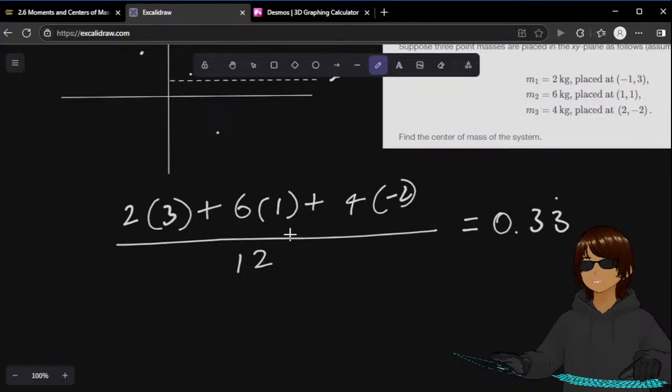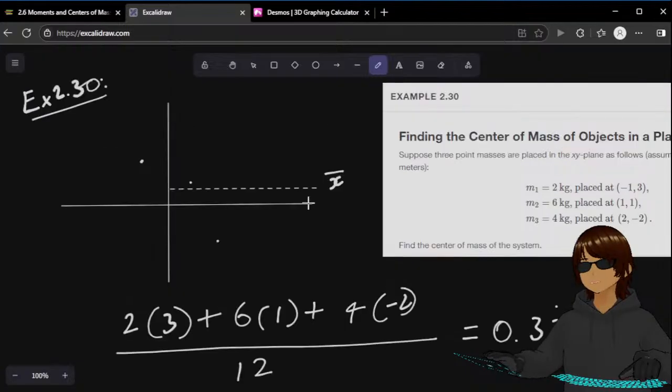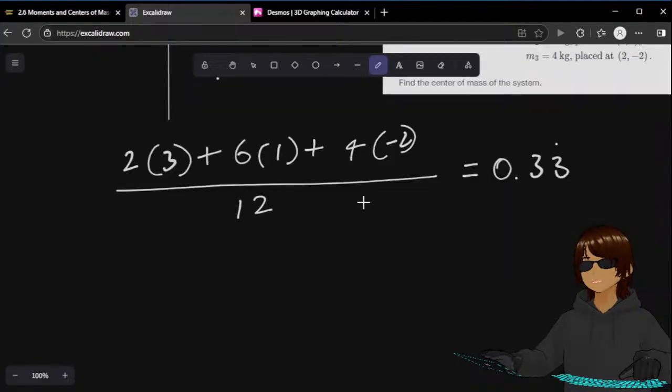It's like we are finding the average mass, but we are giving more weight to one mass than the other. And masses can also have negative weight. Okay, 0.333, that's the balancing x point.